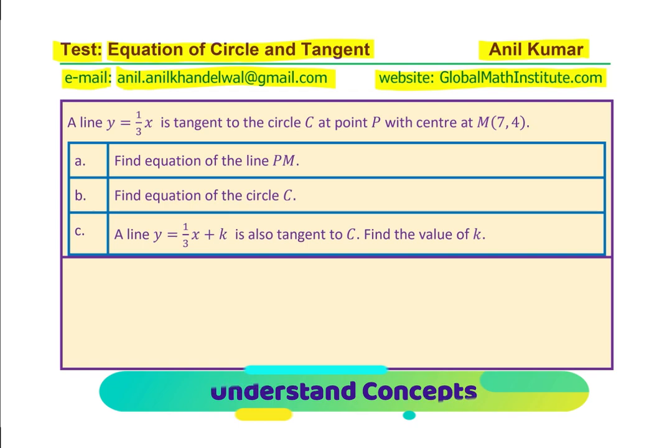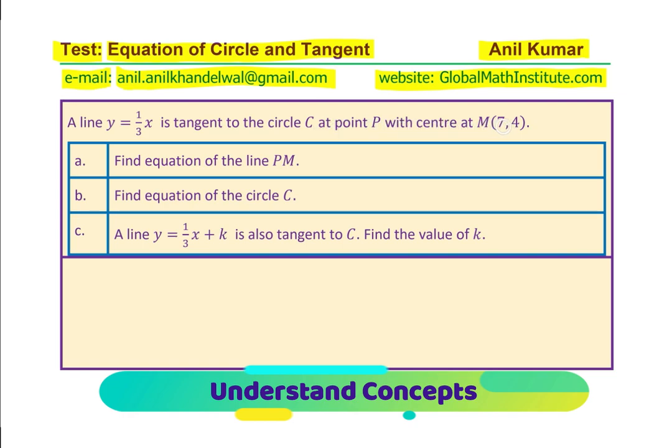For solving any question related to circles specifically, it is very important to visualize what we are working on. So let's read the question and try to understand the concept. We have a line whose slope is 1 over 3 and it goes through the origin, right? 1 over 3x is tangent to the circle at a point P with center 7, 4.